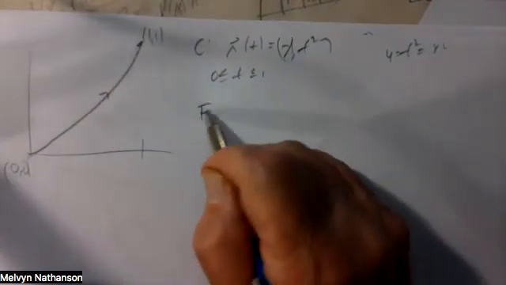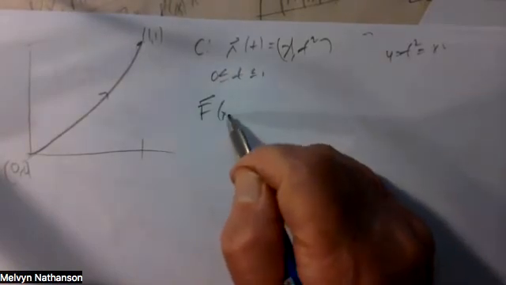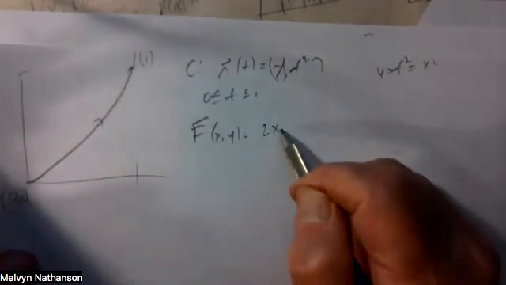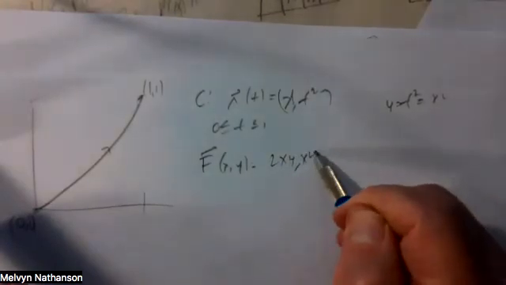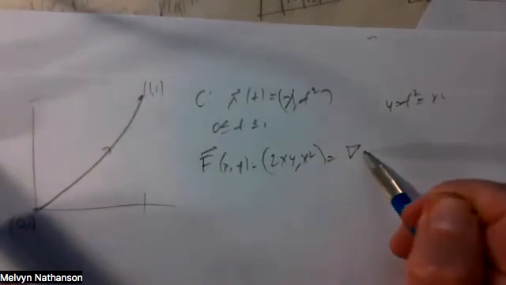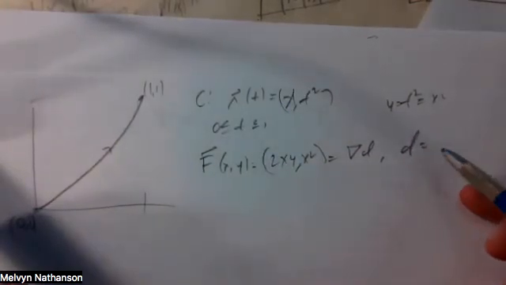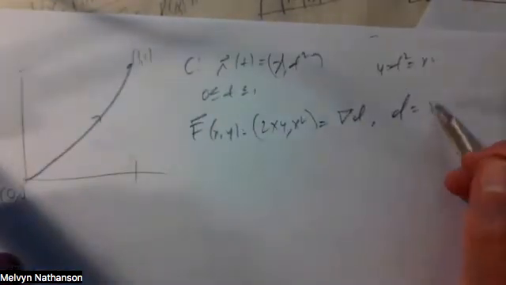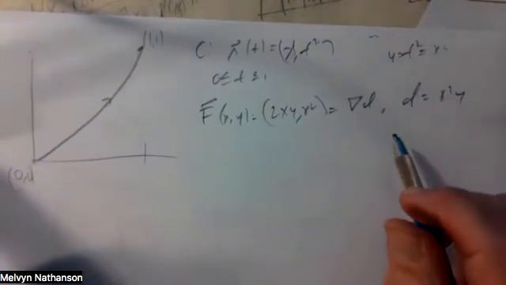And again, my vector field F, let me write it down again, F was (2xy, x squared), the gradient of phi, where phi was equal to x squared y.